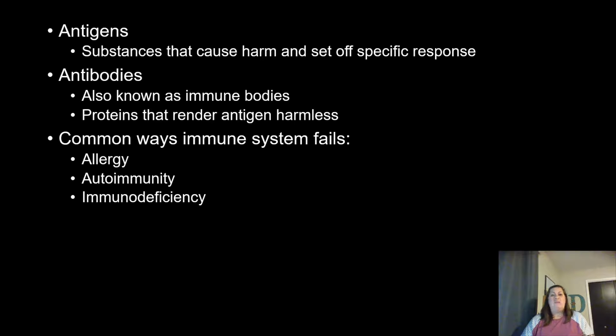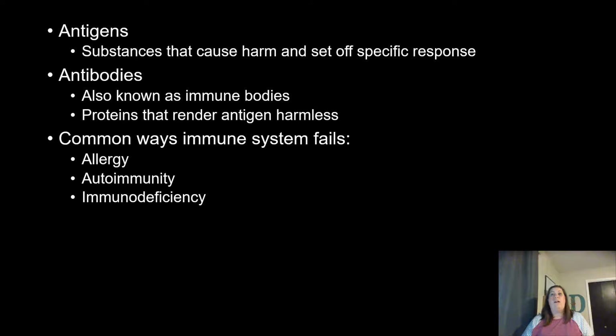The last immune system failure is immunodeficiency. This is where the immune system, if its level should be here, it's depressed. It's not able to fight invaders. This is something that you could be born with, where you don't develop the immune system correctly, or you could acquire a deficiency, which is what HIV causes in AIDS.